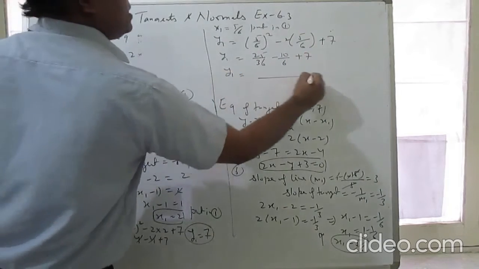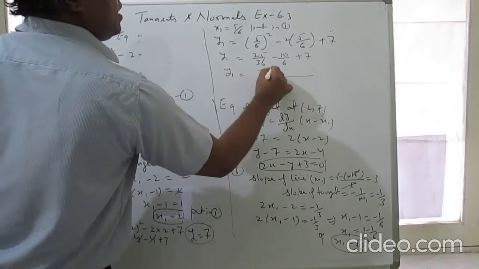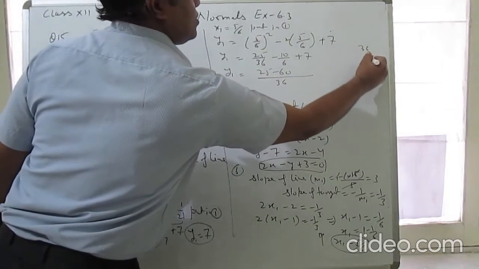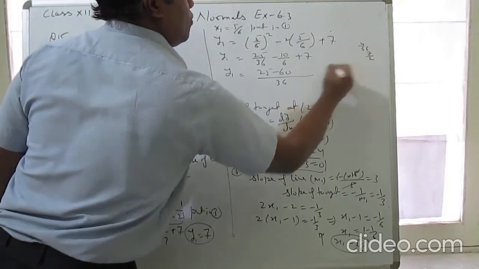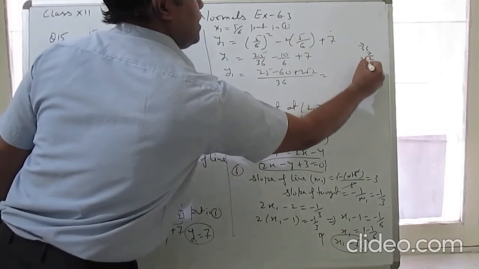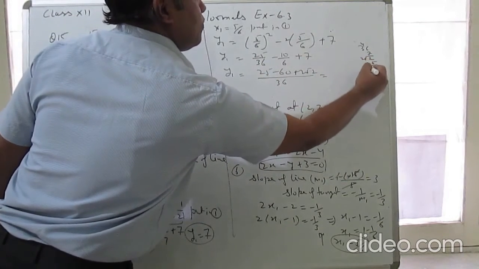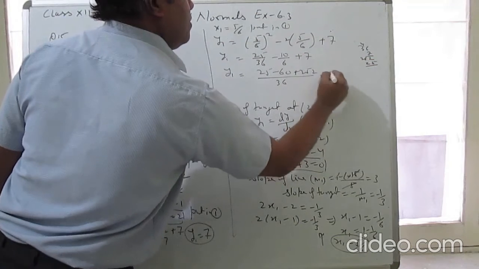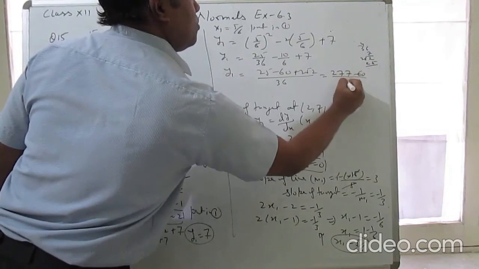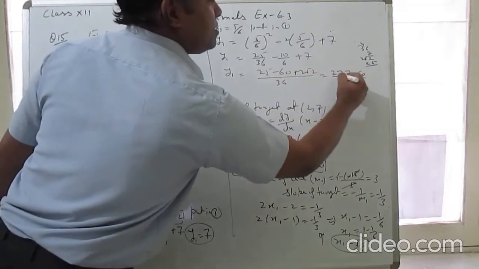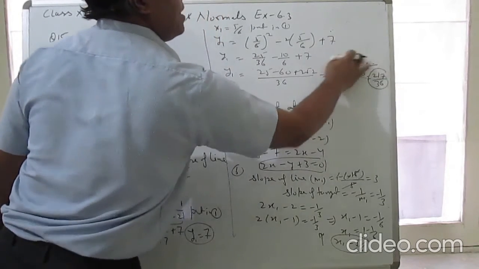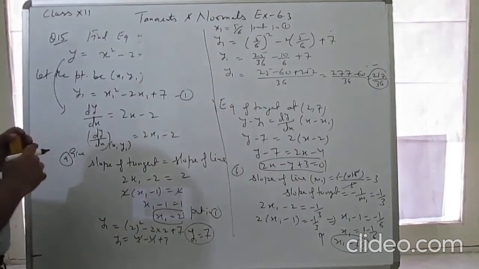Taking the LCM 36: 25 minus 60 and 36 into 7 is 252, so 252 plus 25 is 277, right? 277 minus 60 upon 36, so it is 217 upon 36. y1 is 217 upon 36.